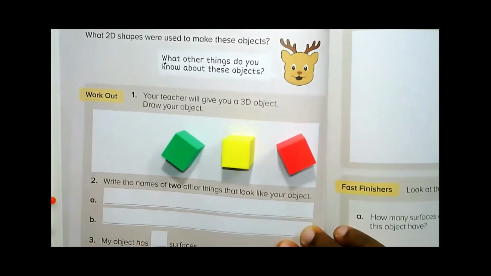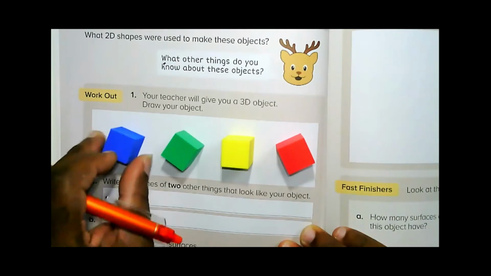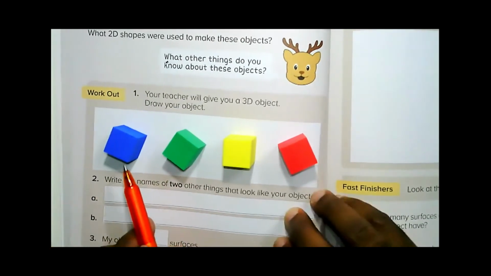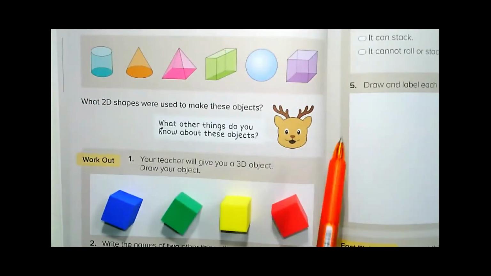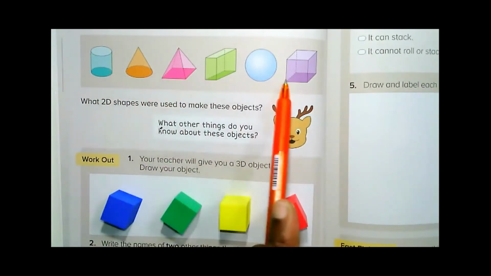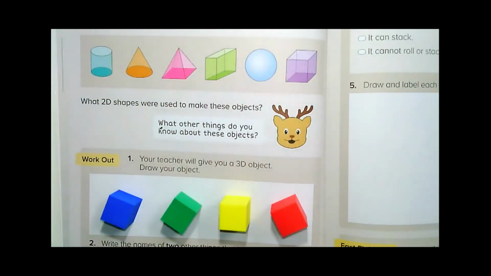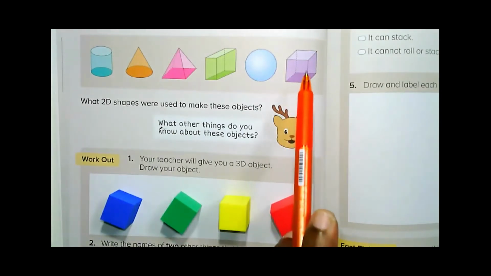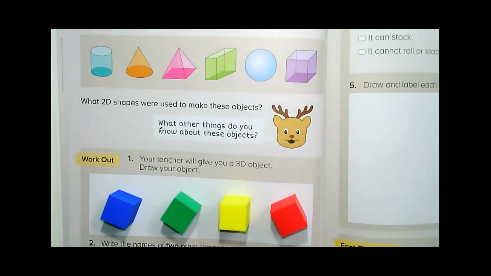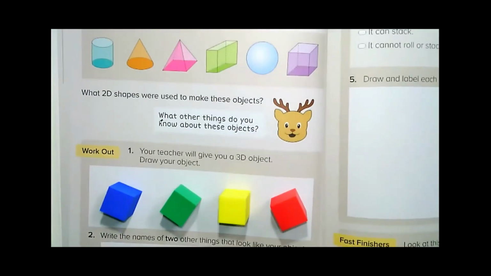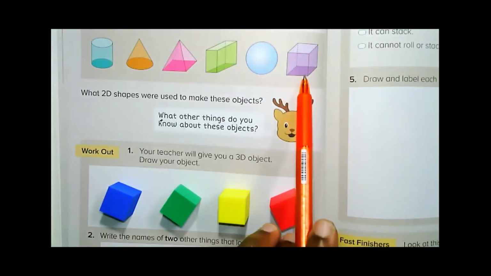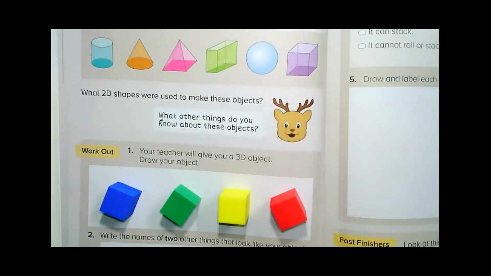For example, which object do they look like up here? This, right? So draw this one in here again. These are cubes. They look like this object, this cube.